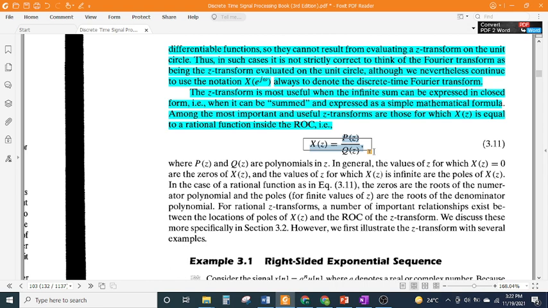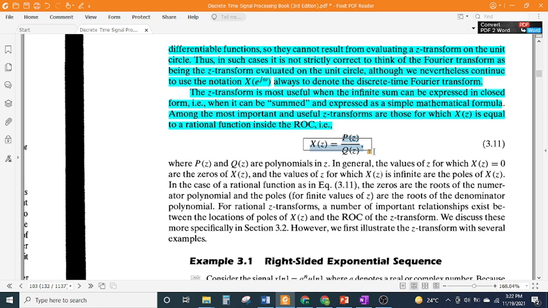In general, the values of z for which X(z) equals 0 are the zeros of X(z), and the values of z for which X(z) is infinite are the poles of X(z). In the case of a rational function as in Eq. 3.11, the zeros are the roots of the numerator polynomial and the poles, for finite values of z, are the roots of the denominator polynomial.